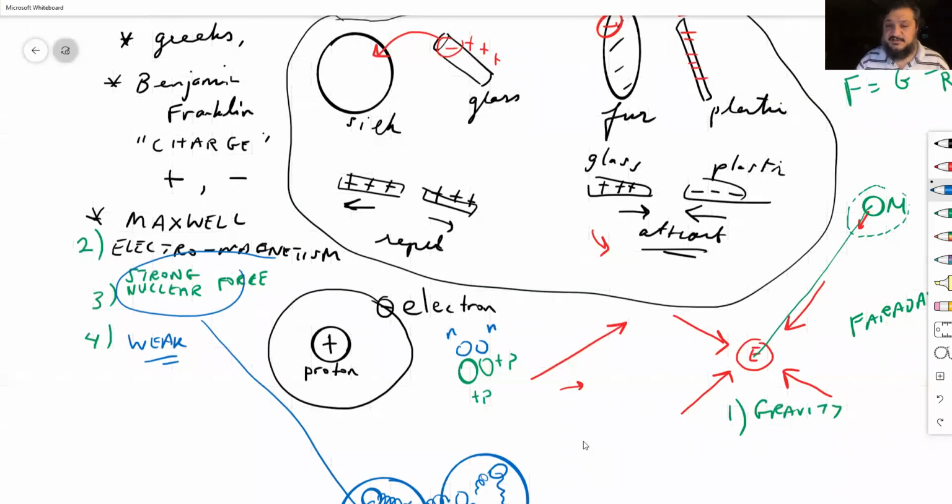So what we're gonna be focusing on in this class is the second one, which is electromagnetism, all right? And for a couple of chapters, we're just gonna work on the electro part of it. And then in the second half of this class, we're gonna move to magnetism, okay? But keep in mind, Maxwell will show that they're one and the same, okay?